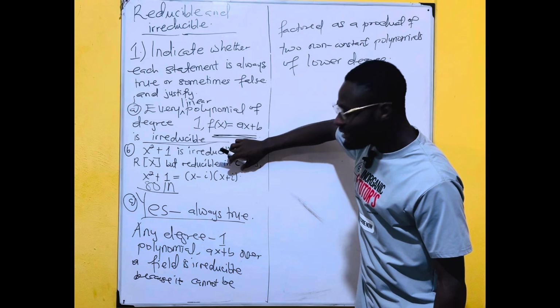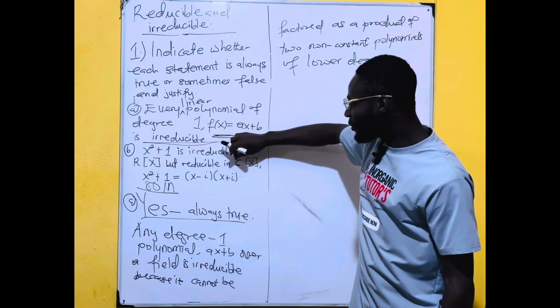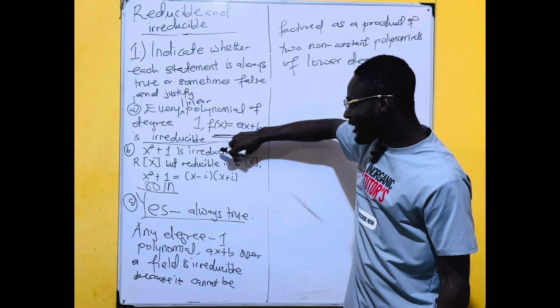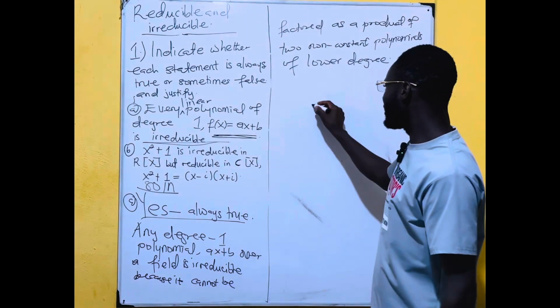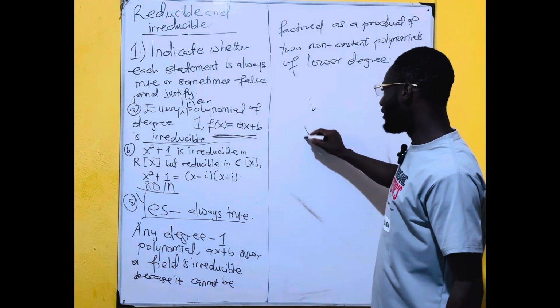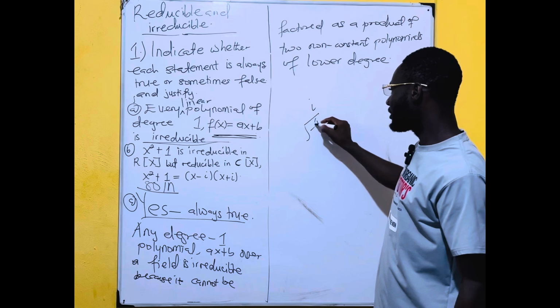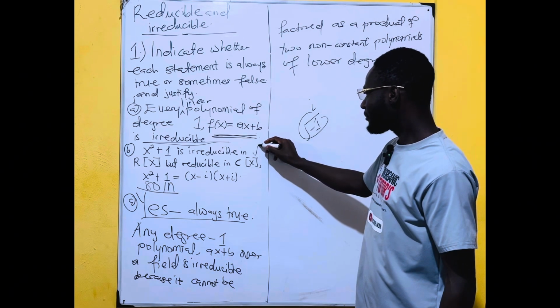Complex numbers contain all real numbers, and they consist of complex numbers as well, which is the i, right? So for instance, we have the square root of -1.